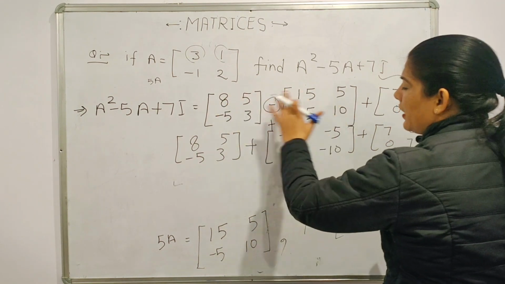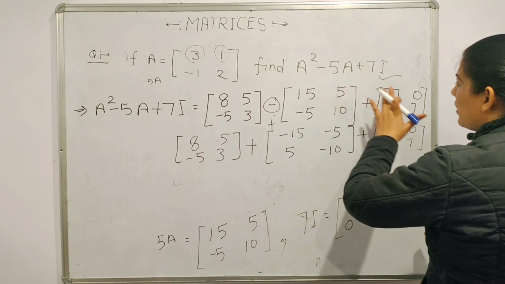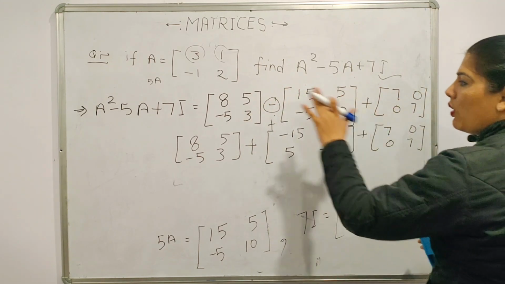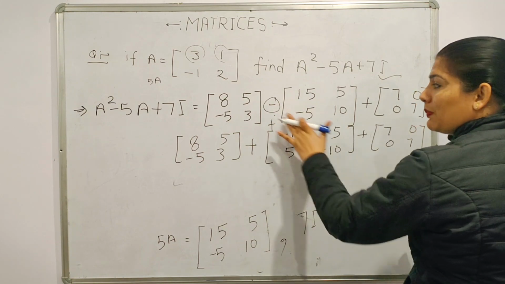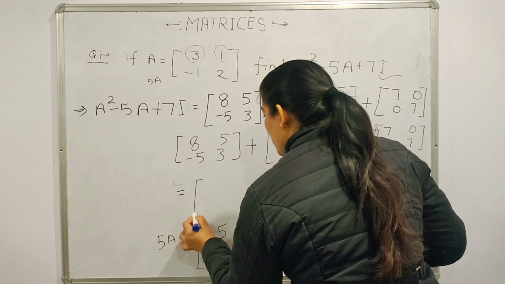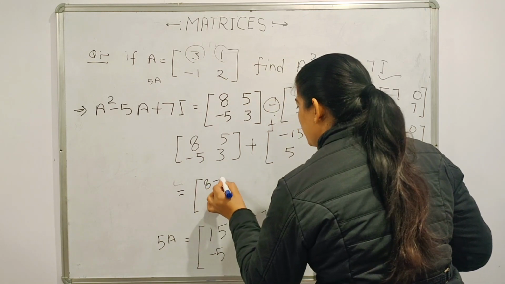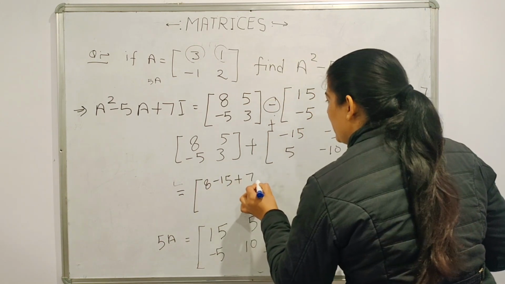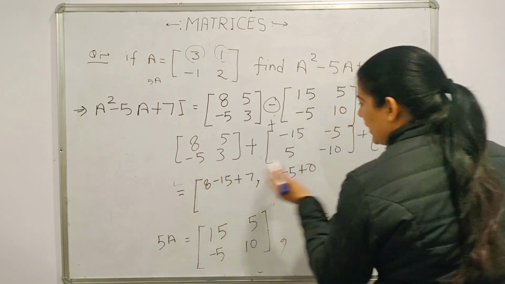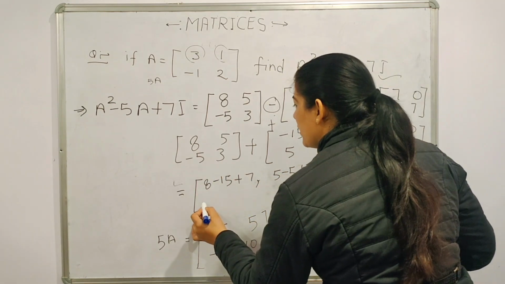You can find it here as 8 minus 15 plus 7, 5 minus 5 plus 0, minus 5 minus minus, plus 5. That depends on you. So here 8 minus 15 plus 7, 5 minus 5 plus 0. You have to add each of the corresponding elements.